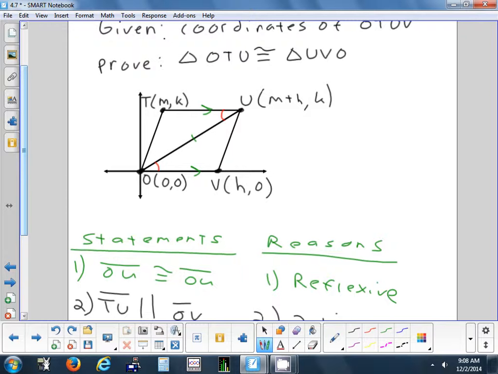How about the length of UT? Do they have the same y value? Yes, they have the same y value, so there's no difference in the height. There's only a difference in the horizontal. So how far is it from T to U on that horizontal?